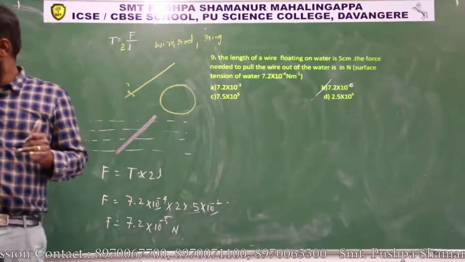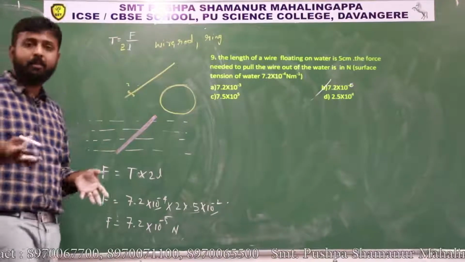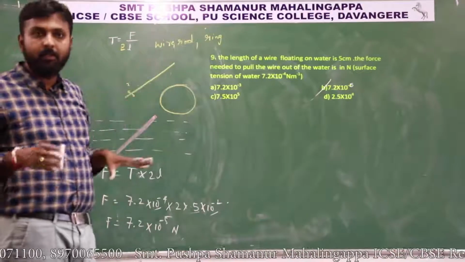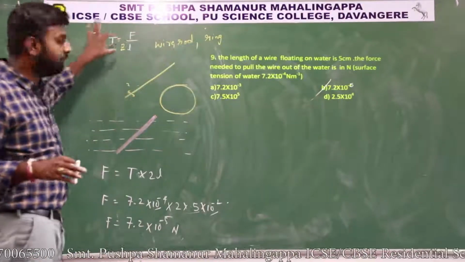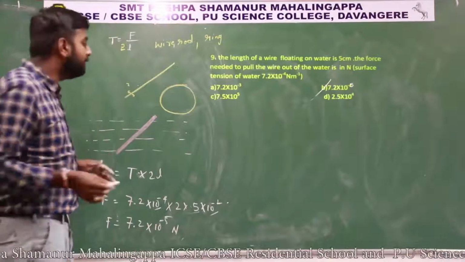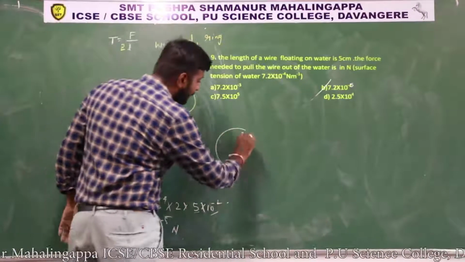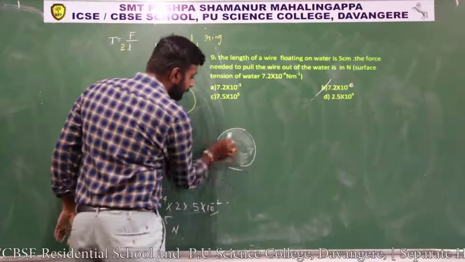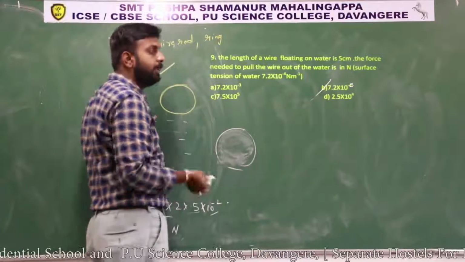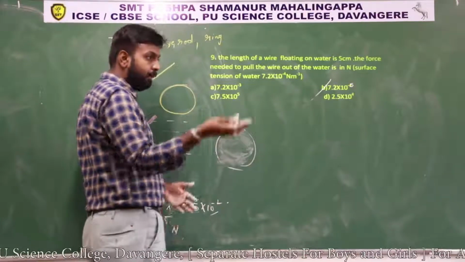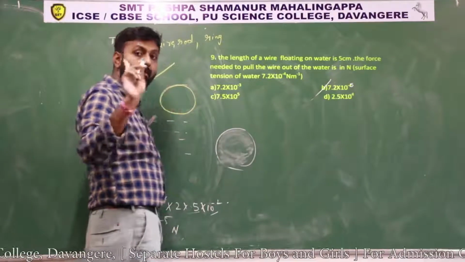And what about in case of circular disc? I said for wire, rod and ring, the effective length you have to consider as 2L. Why? Because it wets two surfaces. In case of circular disc, okay, this is ring, this is circular disc or circular plate. In that case we consider the surface as only one surface.